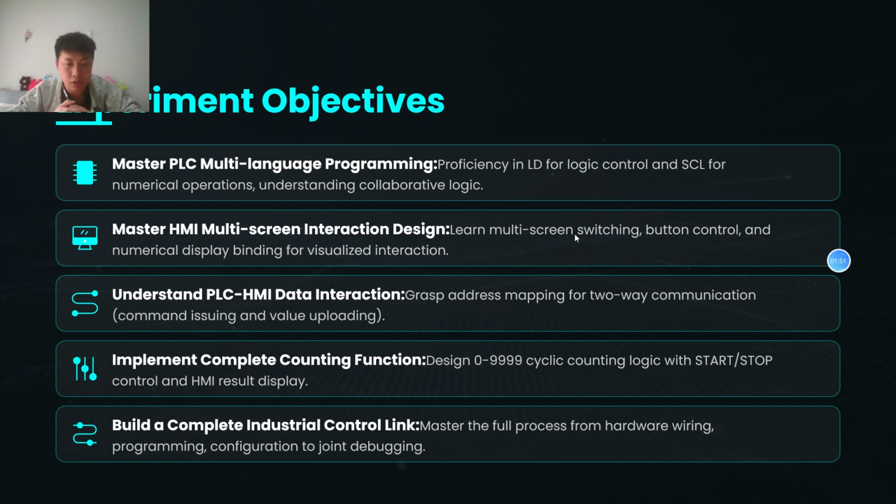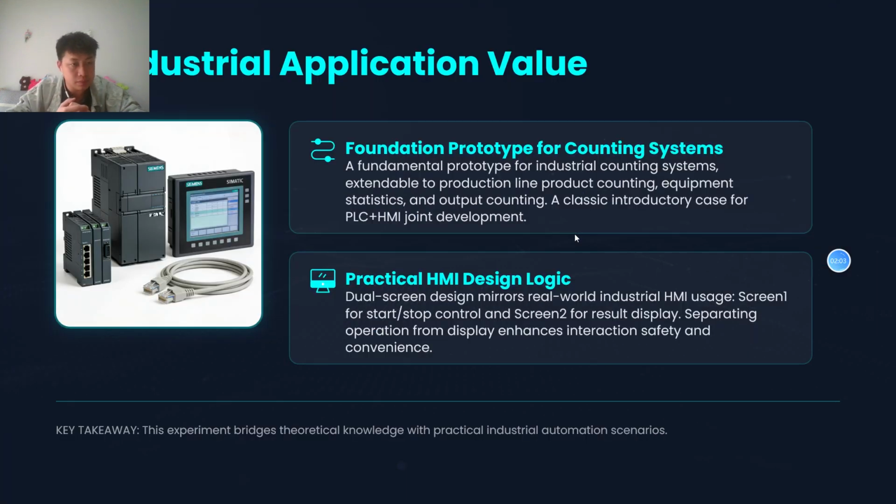industrial control link. Master the full process from hardware wiring, programming, configuration to joint debugging. And let's see the industrial application value. The foundation prototype for counting system, a fundamental prototype for industrial counting system, extendable to production line product counting, equipment statistics and output counting.